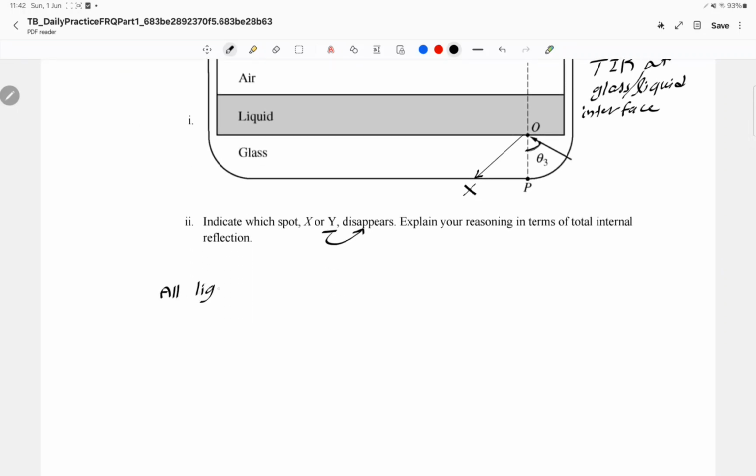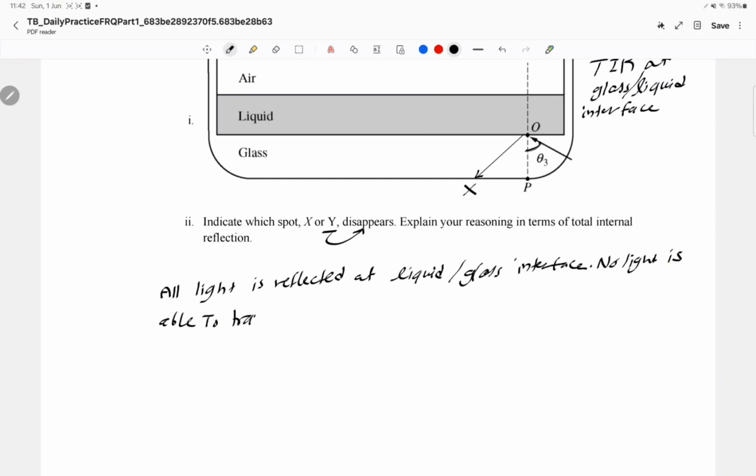So all the light is reflected at the liquid glass interface. No light is able to travel to the liquid.